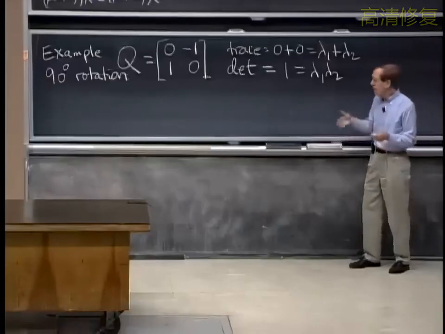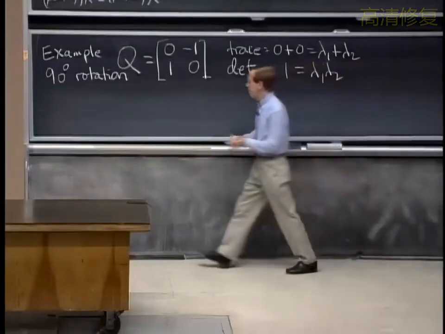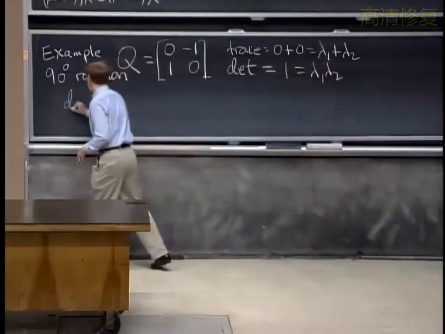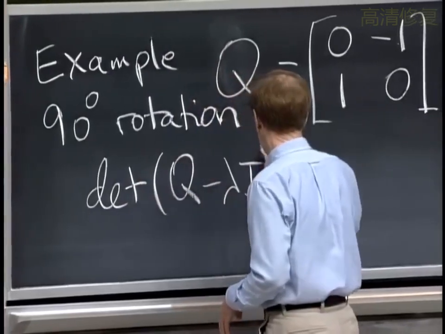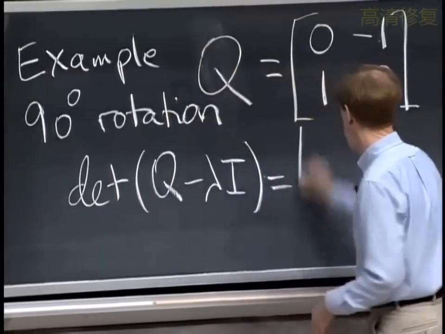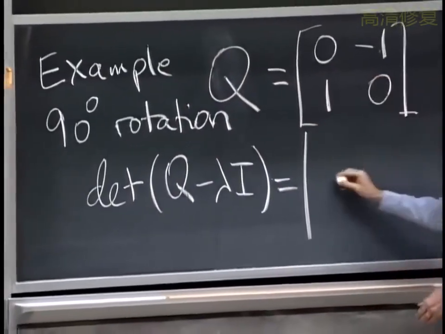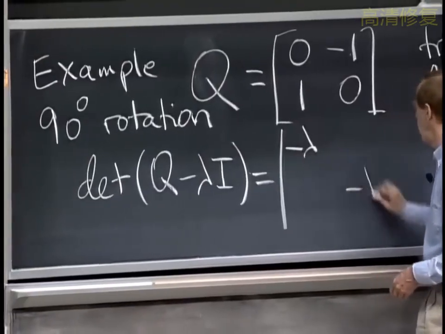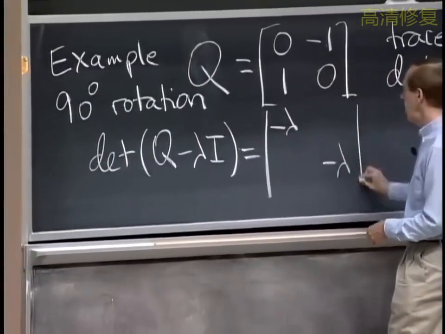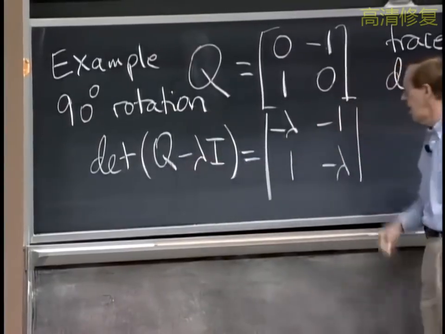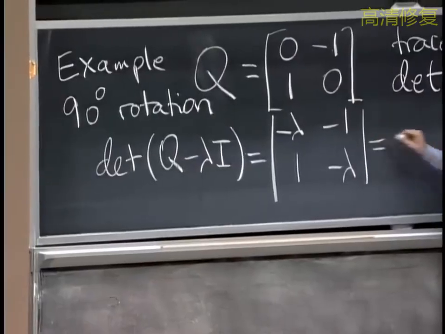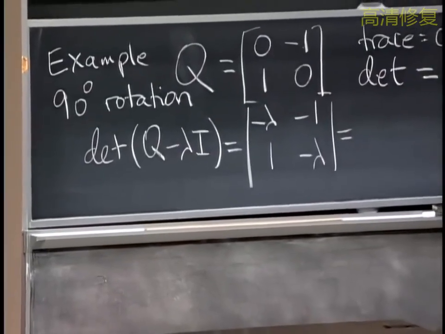So let's do the usual stuff. Look at the determinant of Q minus lambda I. I'll just follow the rules, take the determinant, subtract lambda from the diagonal where I had zeros. The rest of Q is just copied. Compute that determinant. Okay, so what does that determinant equal?